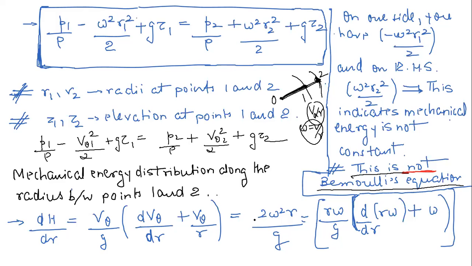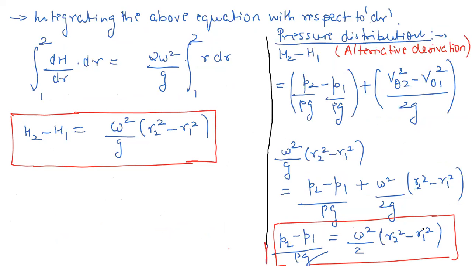Now simply put the value V theta equals r omega. So r omega divided by g, and d by dr of r omega is omega plus omega again. So it will simply be 2 omega square divided by g. You can simply derive this, very important. So dH by dr is equal to 2 omega square by g.